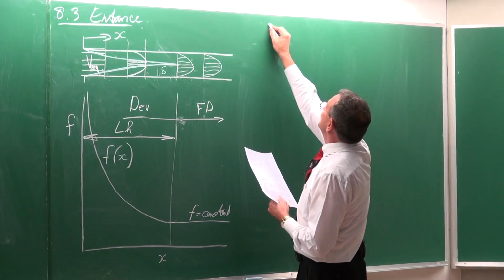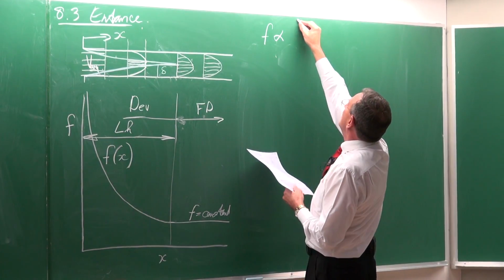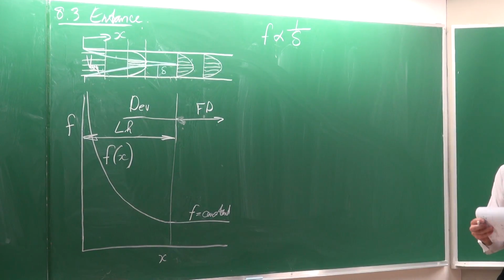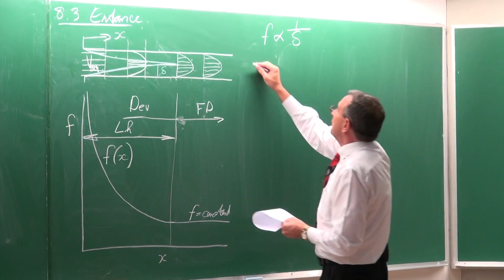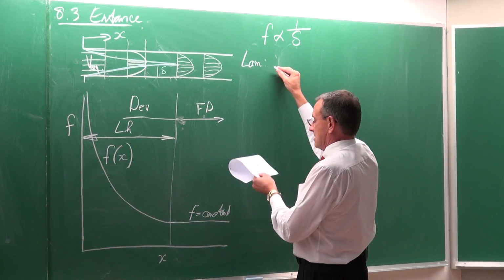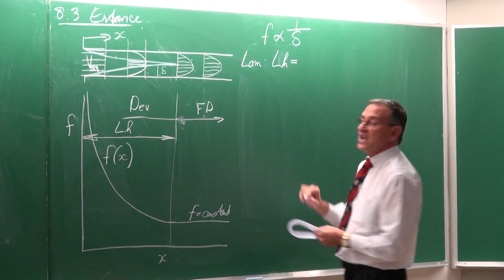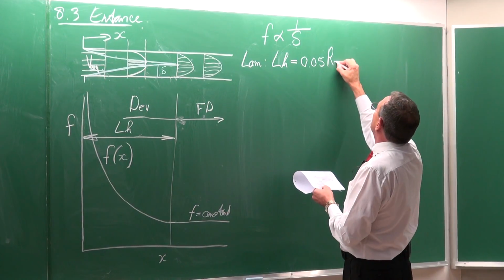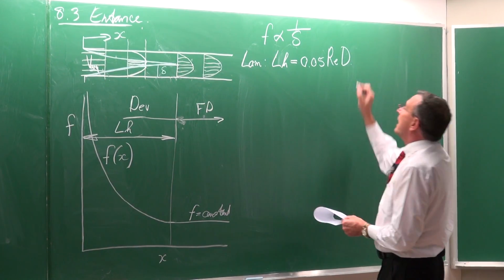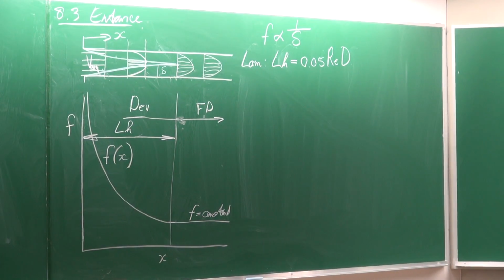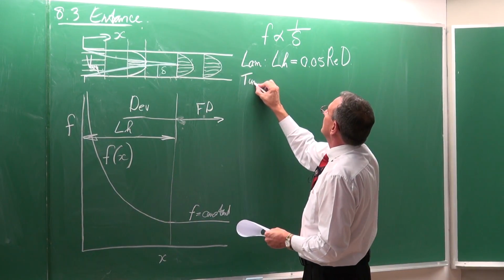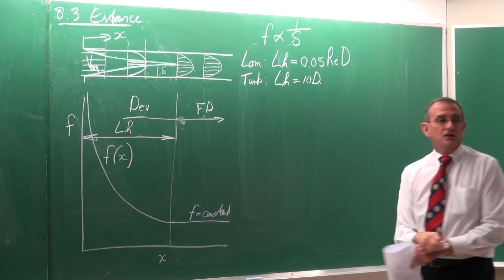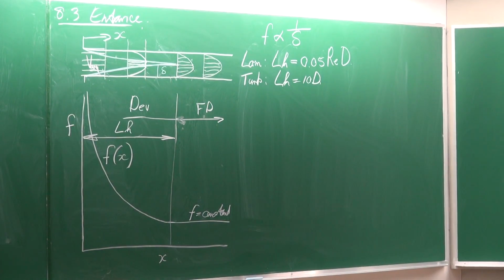In general, the friction factor is directly proportional to 1 divided by the boundary layer thickness. And if the flow is laminar, then this distance LH is equal to 0.05 multiplied by the Reynolds number multiplied by the diameter. And for turbulent flow, LH is 10 diameters. Just 10 diameters, then it is fully developed.